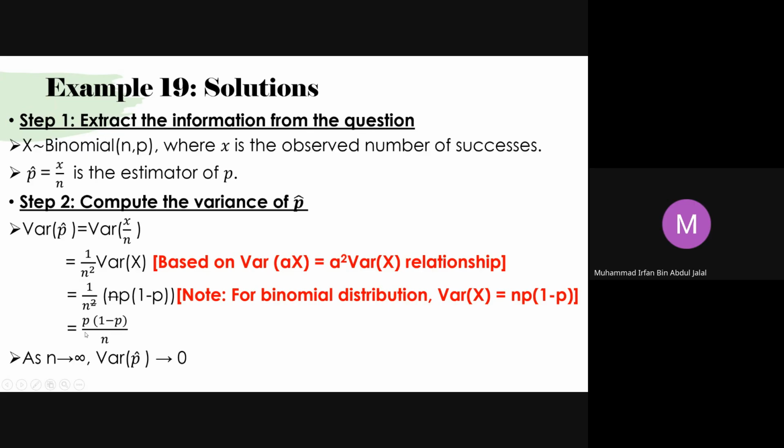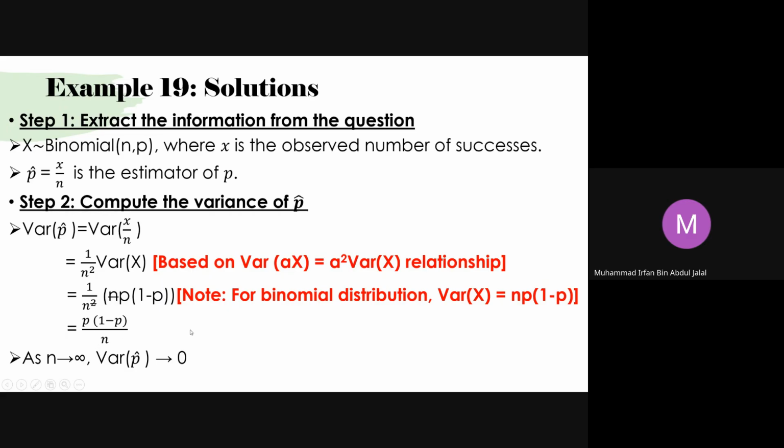Okay, now we see what will happen if we increase the sample size, as n becomes larger and larger, or approaches infinity. As n becomes bigger and bigger, the numerator is fixed, so the whole quantity becomes smaller and smaller.